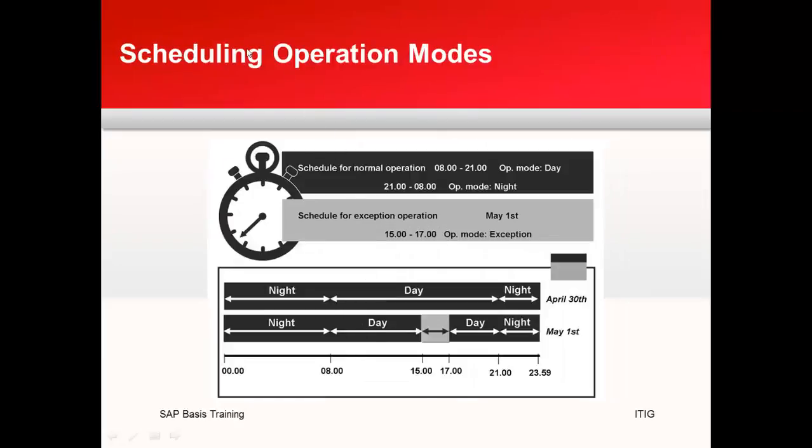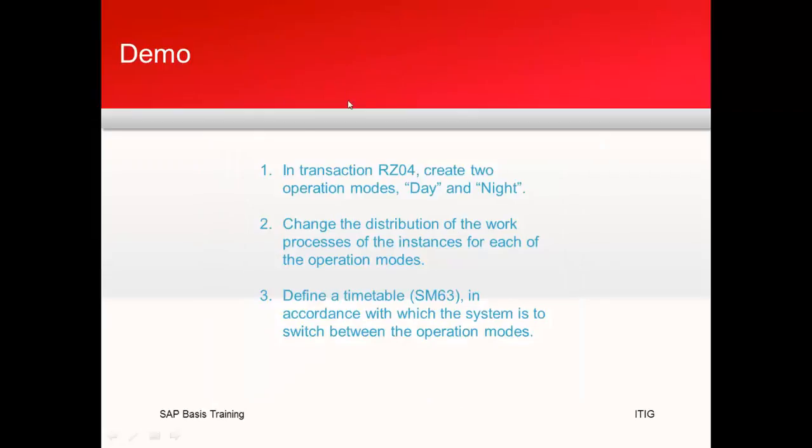Scheduling operation mode: the schedule for normal operation is, say, from 08 to 21 the operation mode is day, and from 21 to 0800 the operation mode is night. So this is where we define 2 different operation modes, and let's see the demo.